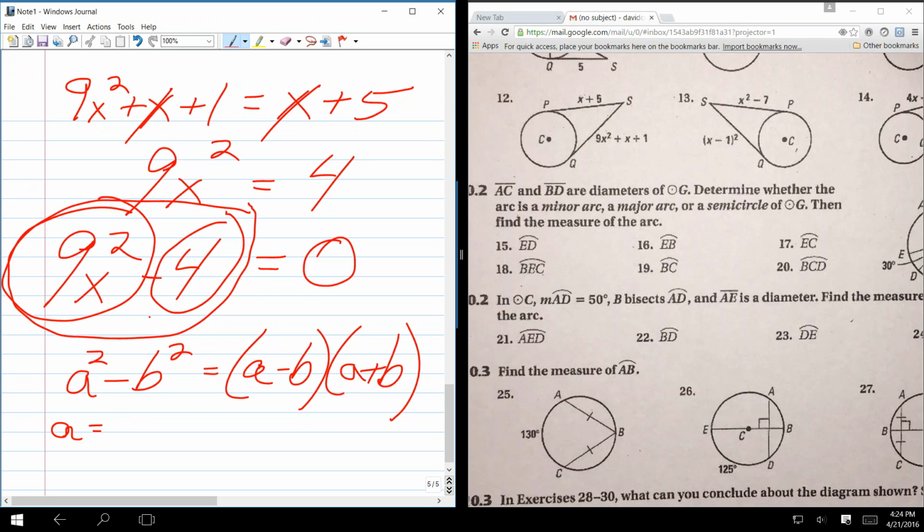It's the square root of 9x squared. 3x times 3x is 9x squared. What's b? B squared is 4. What's b?